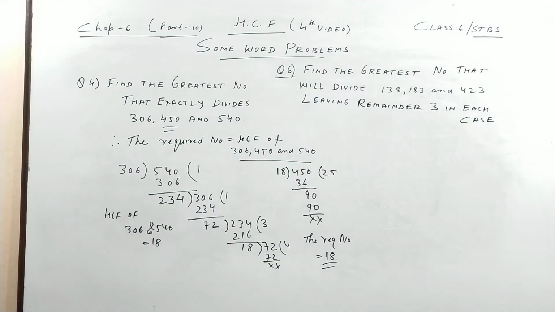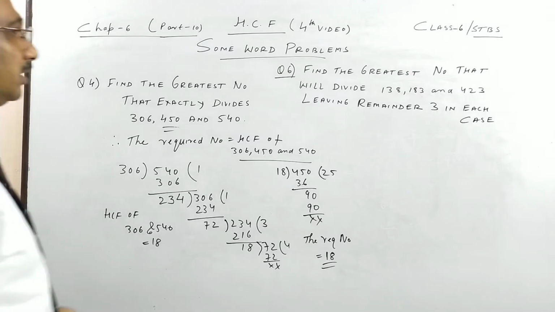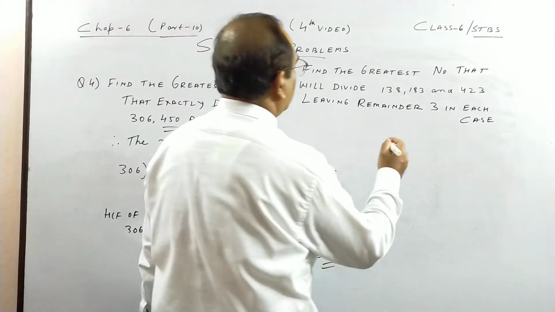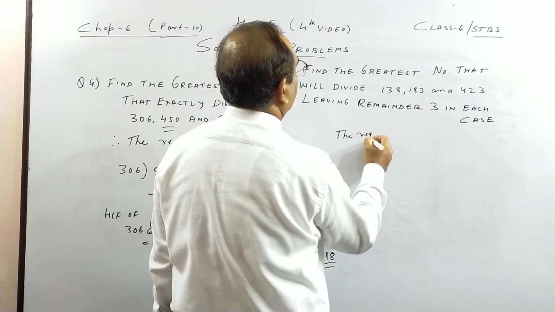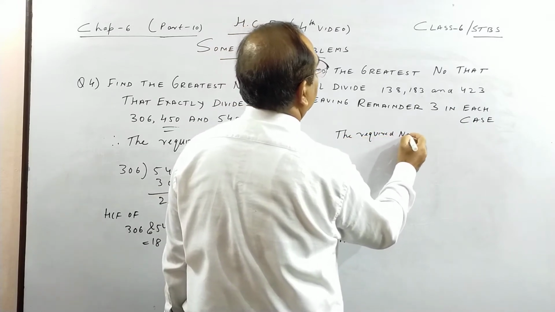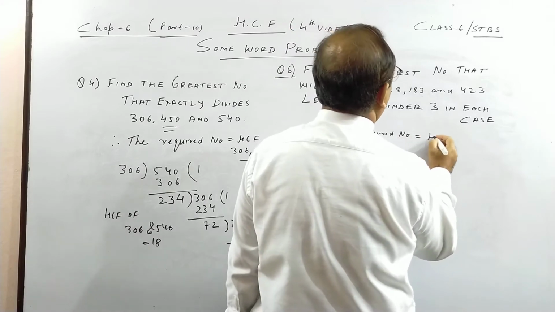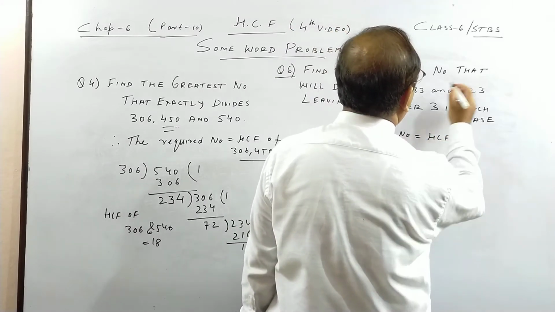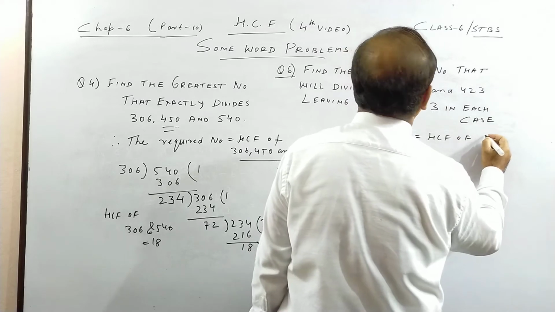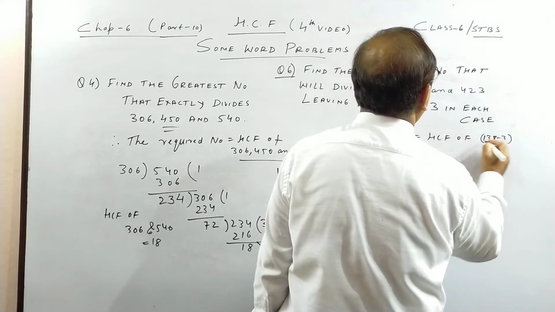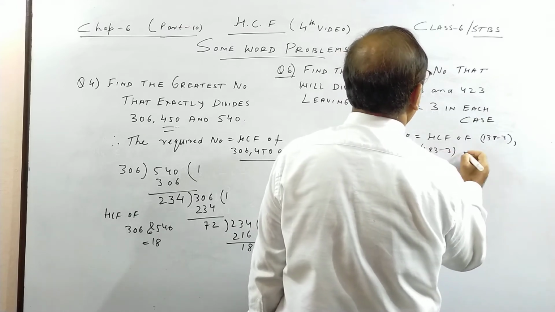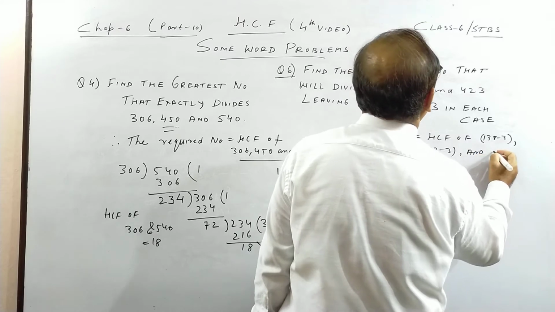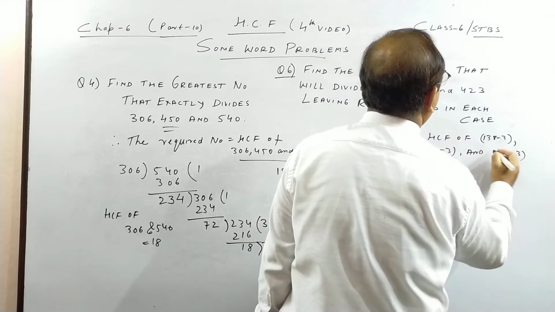So next we move on to question 6. Find the greatest number that will divide these, leaving remainder 3 in each case. So the required number, children, is the HCF of: subtract 3 from each, HCF of 138 minus 3, 183 minus 3 and 423 minus 3.